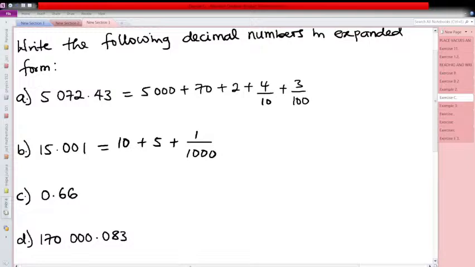This is what you get. Because this is 10, 0 over 10, this is 0 over 100, and this is 1 over 1,000. This is wrong.